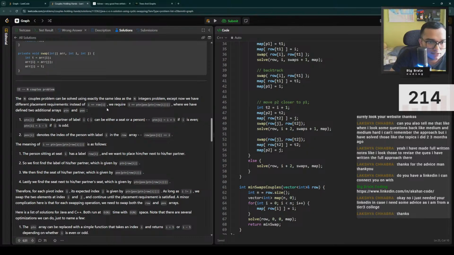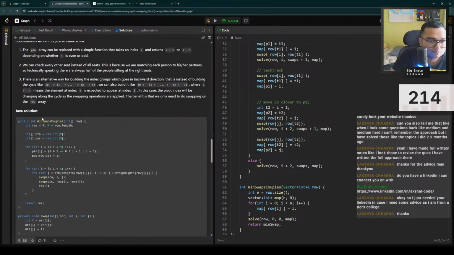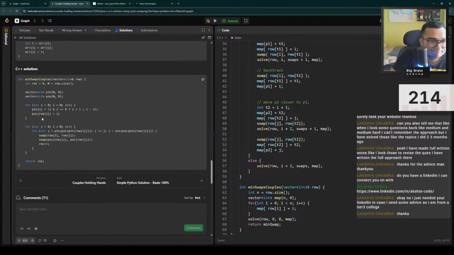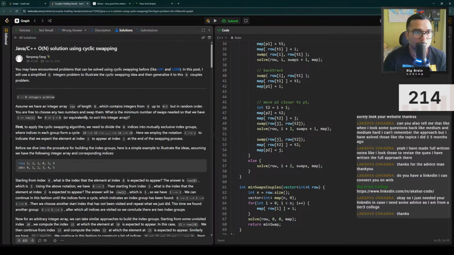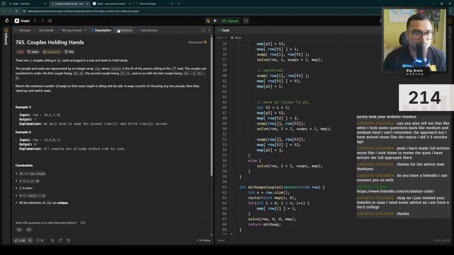Instead of this, we require i equals ptn of pos, where we have defined 2 additional arrays, ptn and pos. I get the idea, and I will work on this offline because this is a good challenge.